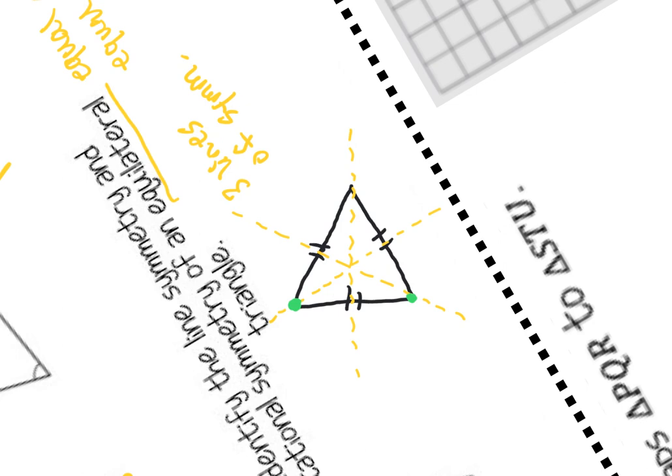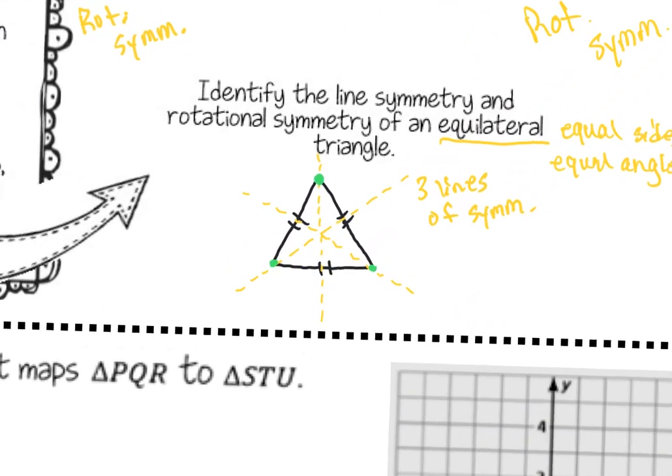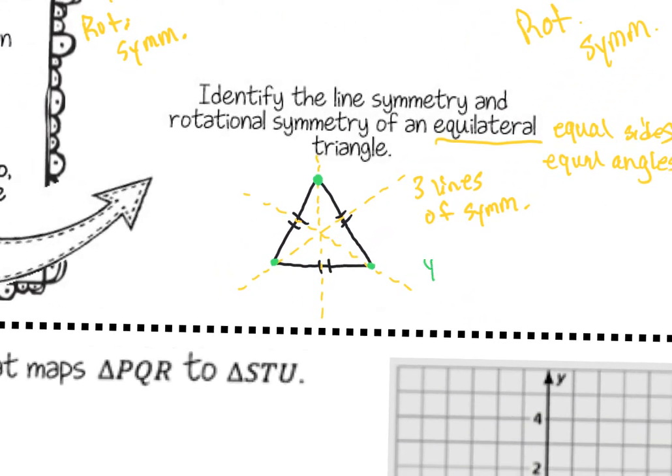I haven't done a full 360 here, so this does have rotational symmetry. If we kept going, it happens again right here. So there are 2 other points of rotational symmetry where that happens, and then we do a full circle and get back to the original image. So I'm going to say yes to rotational symmetry.